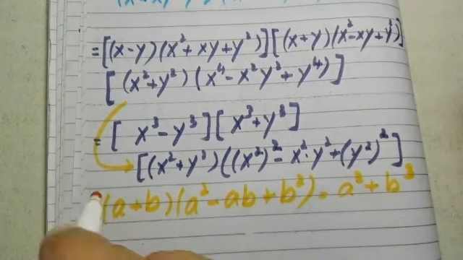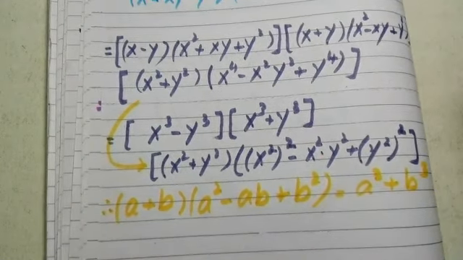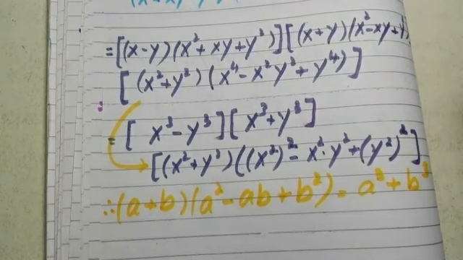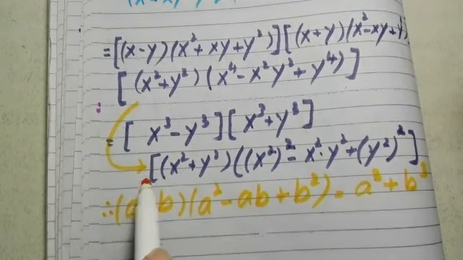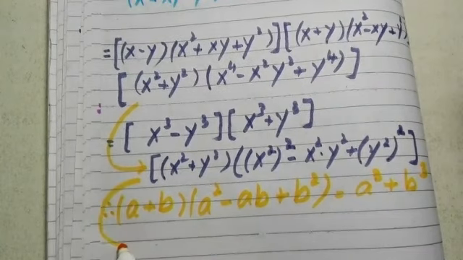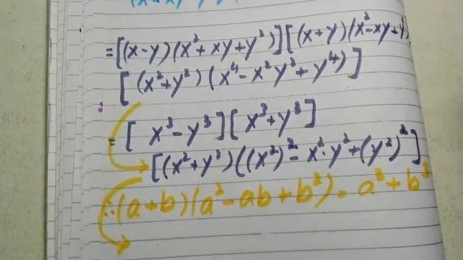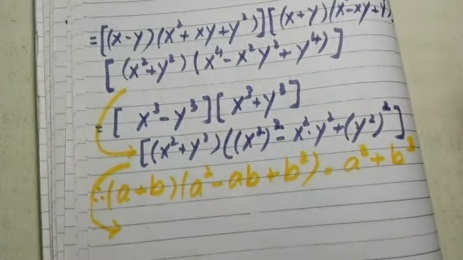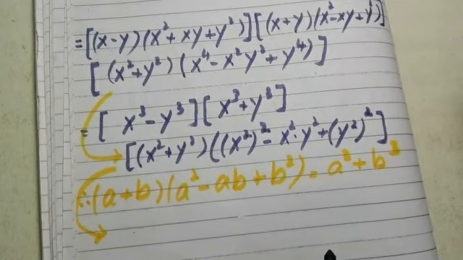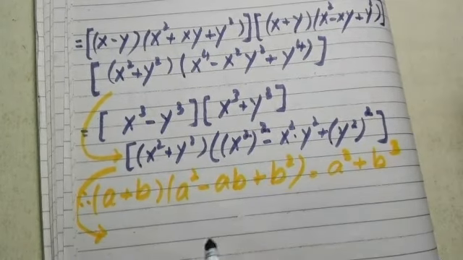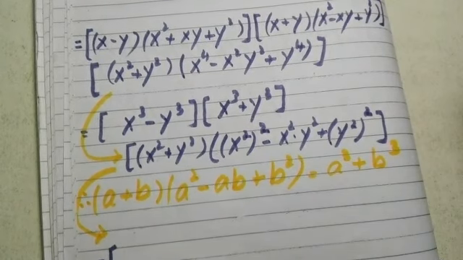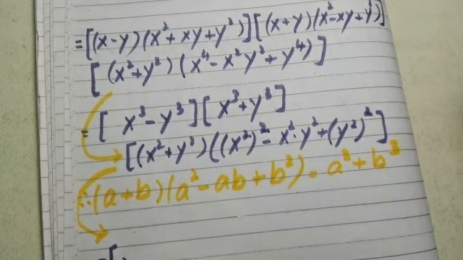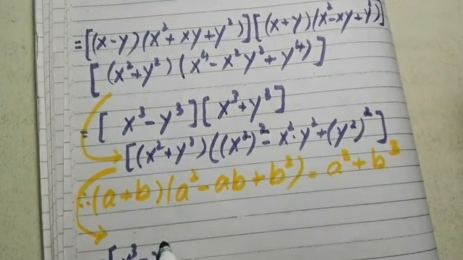So what I'm going to write, according to the formula, means I would explain that this part is further written like this. Now what we have to do is that the first two brackets will be written as they are, x³ − y³.